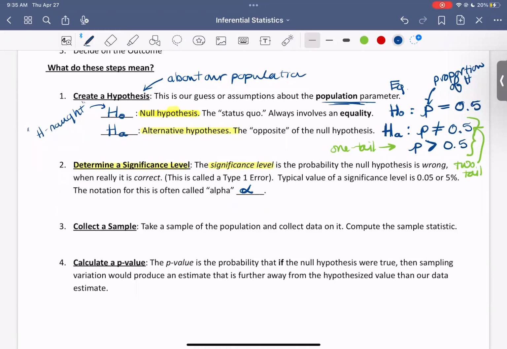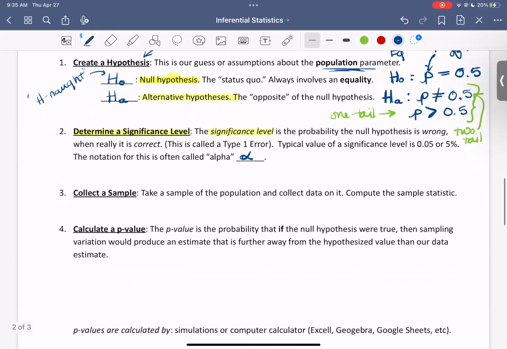All right, so now in step 3, we need to collect a sample. We take a sample of the population, keeping in mind that we want the sample to be unbiased and do a good job of representing the population. So we take a sample of this population and collect data on it.